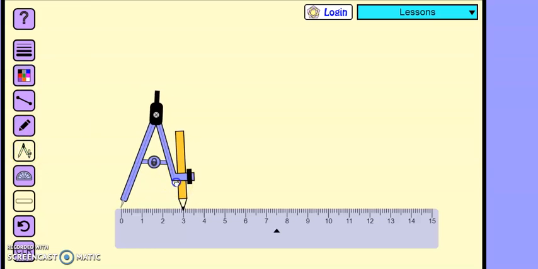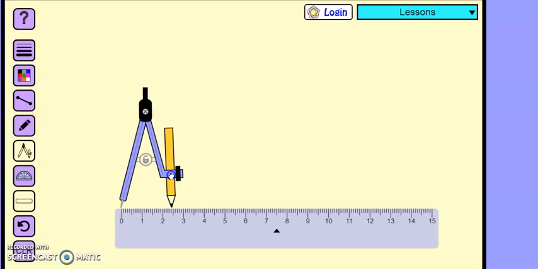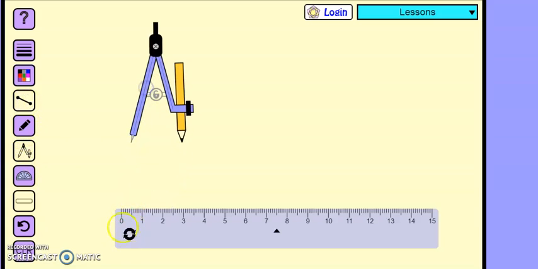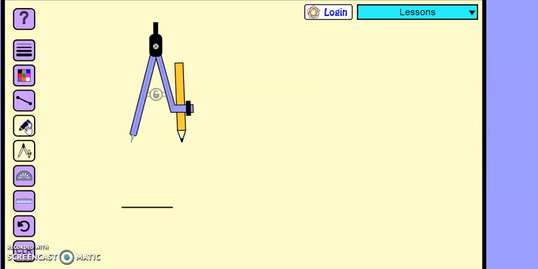Open your compass to a radius of 2.4 centimeter. Okay, this is equal to 2.4 centimeter, or you can also draw like this, 2.4 centimeter, and this is Y, this is Z.